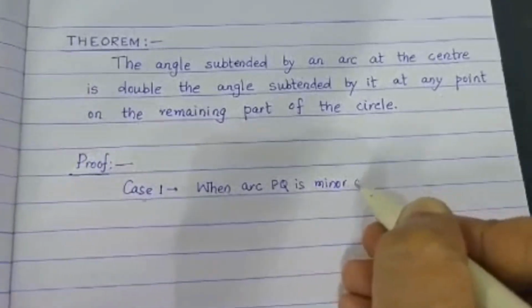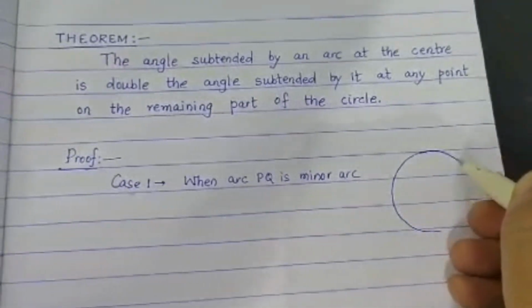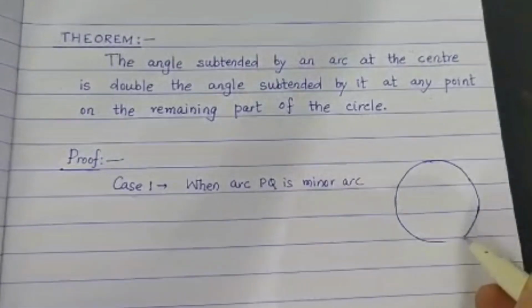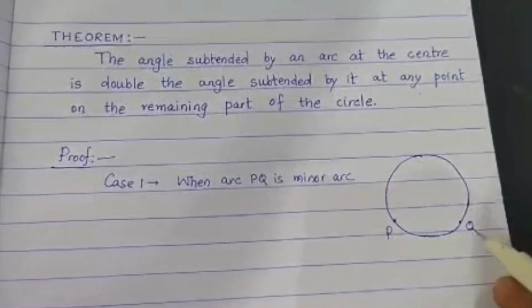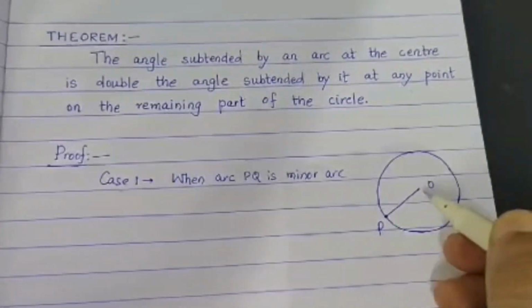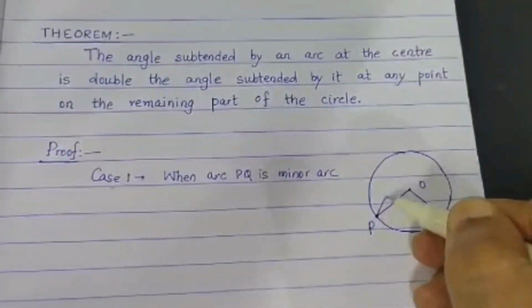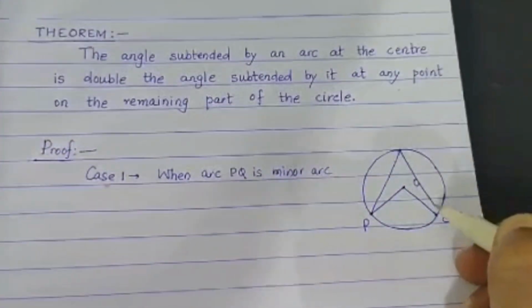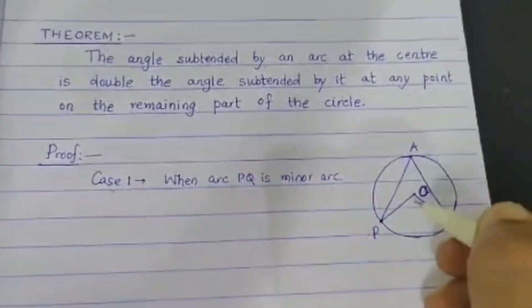All right, that means if this is the figure, this is the circle, this is the arc PQ, this is the center O. First it will come like this, the figure, and at any other point, let us suppose this one is O, this one is A.